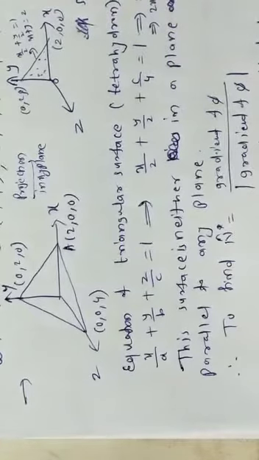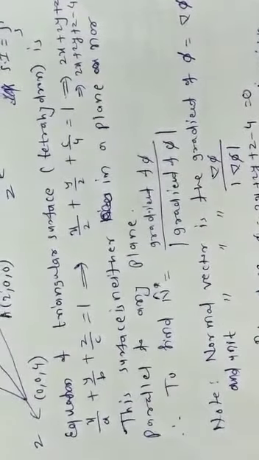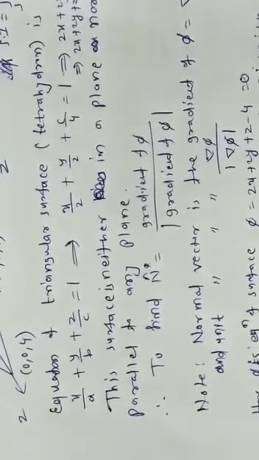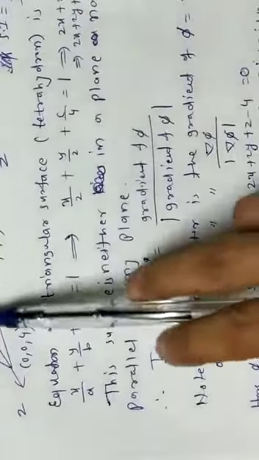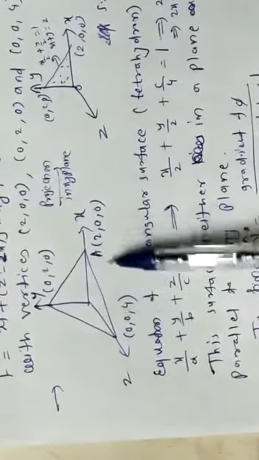Okay, so the first step all of you understood, right? Write the equation of the tetrahedron, that is the triangular surface. Now what happens? In which plane this triangular surface lies? Can you tell me whether it is in xy plane, yz plane or zx plane?